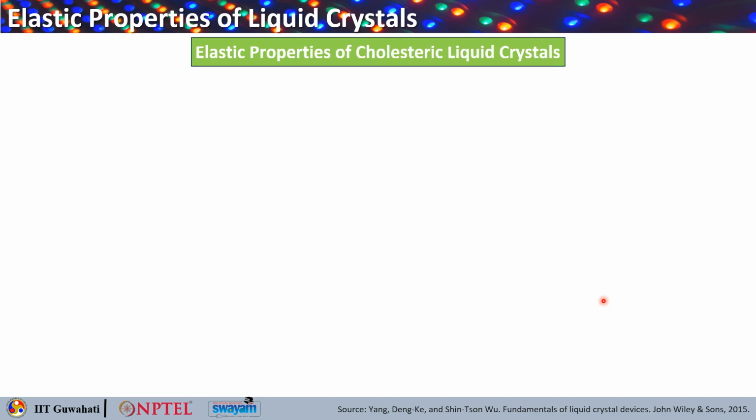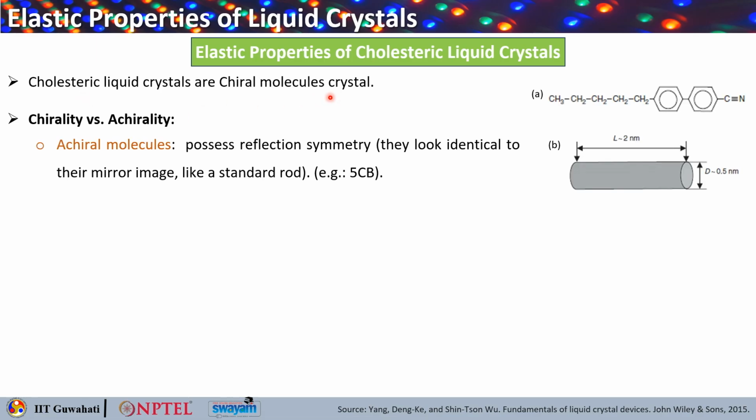Now, let us look into the elastic properties of the cholesteric liquid crystals. Cholesteric liquid crystals are basically made of chiral molecules. So, chirality versus achirality, you can understand. When I say achiral, these molecules basically possess reflection symmetry.